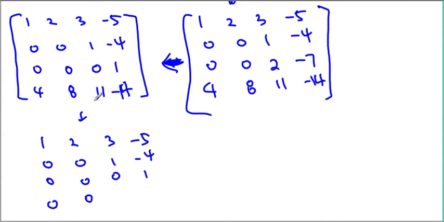Well, I can just do this one minus this one, so 4 minus 4 becomes 0, 8 minus 8 becomes 0, 12 minus 11 becomes 1, and then here when I multiply this one by 4, then I'll be getting -20 plus 16 will get me 6.